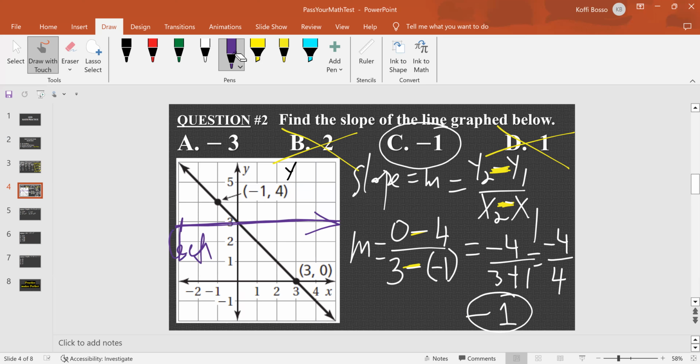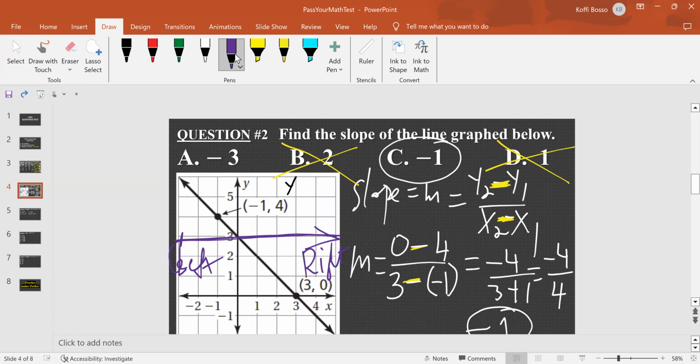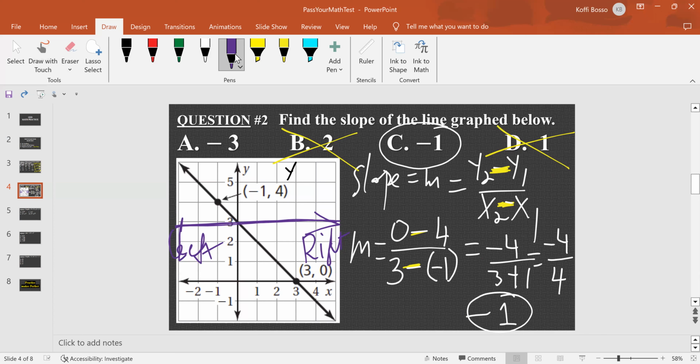Now let's see what's going to happen. On the left side, the graph is above the line we draw. And on the right side, the graph is below the horizontal line you draw. So this will tell you that the graph is going down.